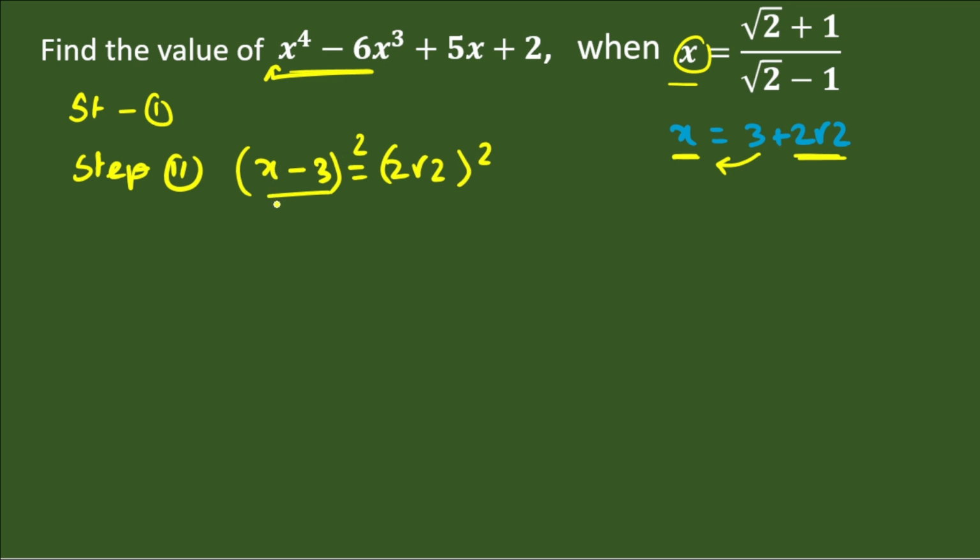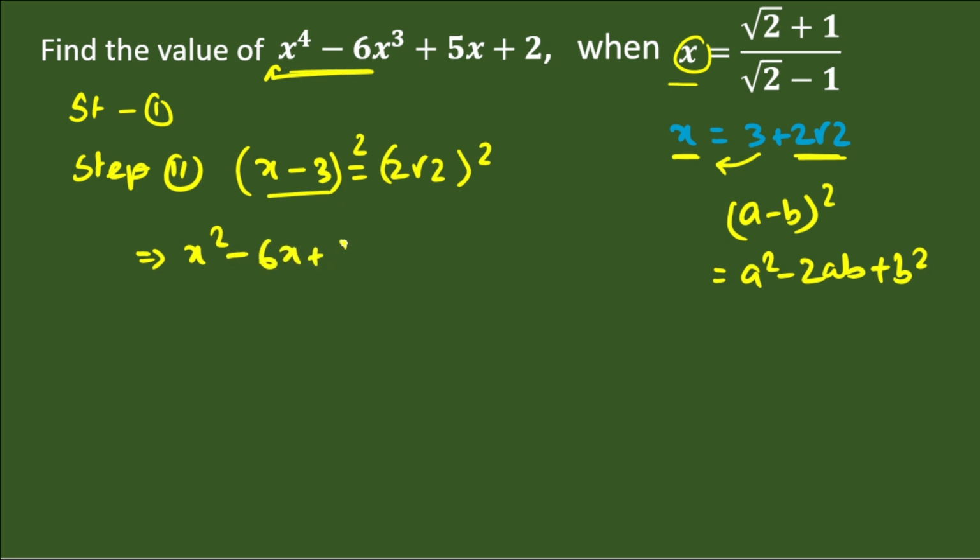Now it is again in the form of a minus b whole square. The identity of it is a square minus 2ab plus b square. So we'll write it as x square minus 6x plus 9. In the right hand side it is 2 square root 2 whole square.